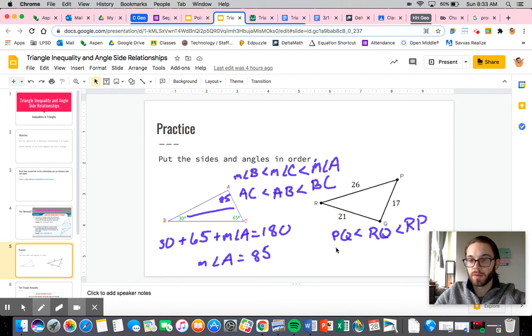If PQ is the smallest, the angle opposite that is R. So the measure of angle R. Do you see what I mean? We have PQ, now we have R. We have RQ, so now we're going to have P. RQ, opposite one, P. Which is less than the measure, and what's left? Q. Angle Q. Okay. So simple enough.